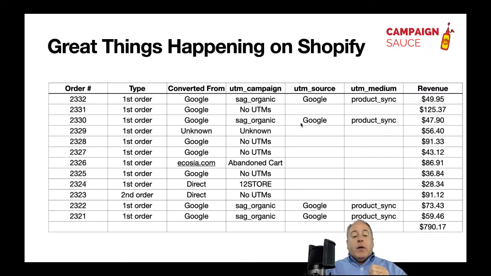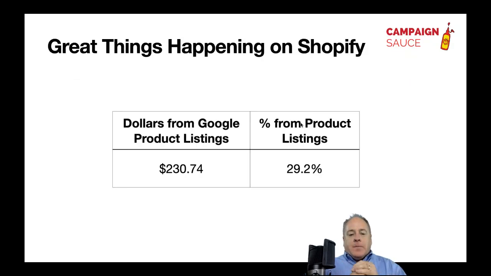So when we went through, and again, this is just a bit of a screen snippet here on all of the orders, what we found on that particular improvement for that one day, 29% of the dollars coming through this Shopify store were coming from organic search.